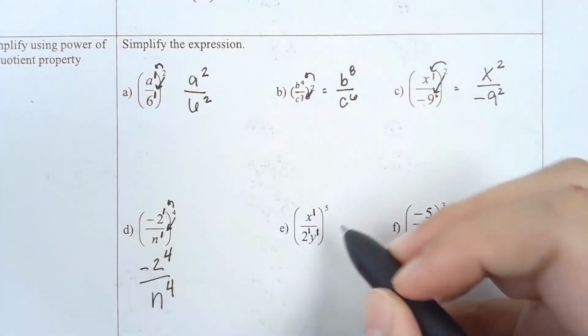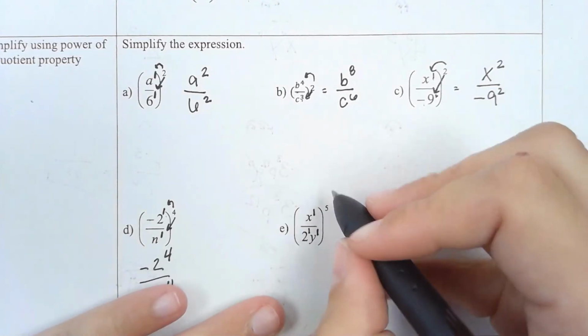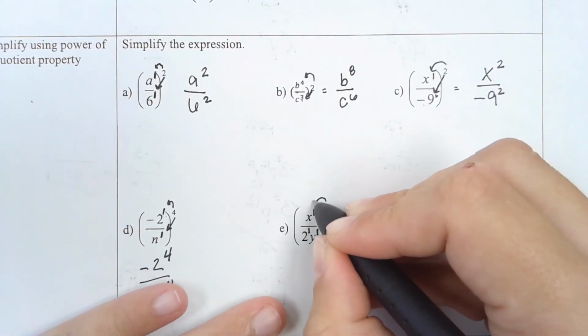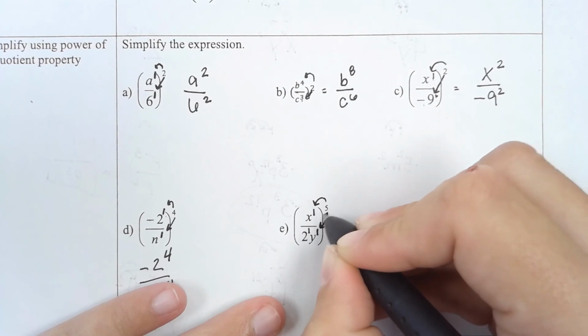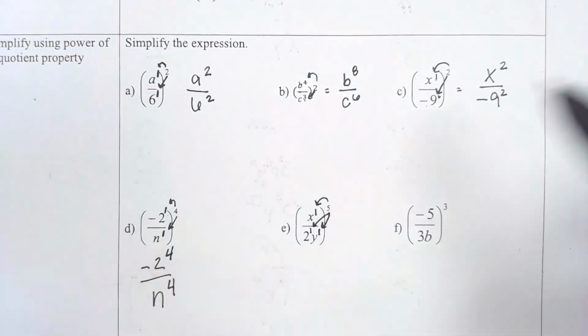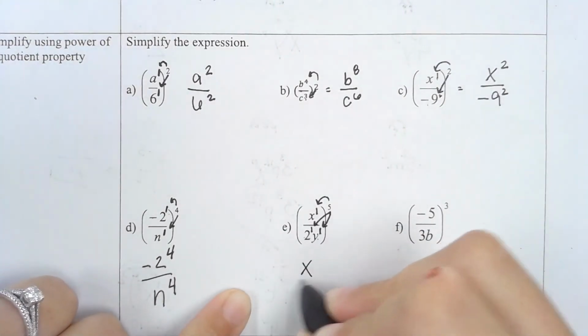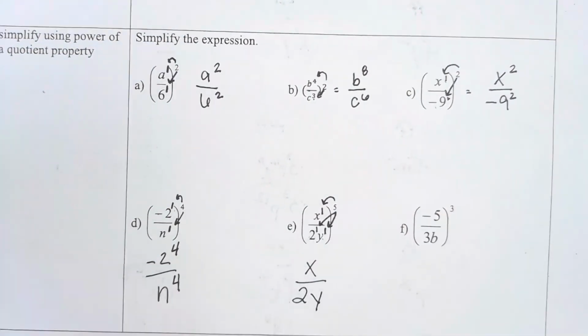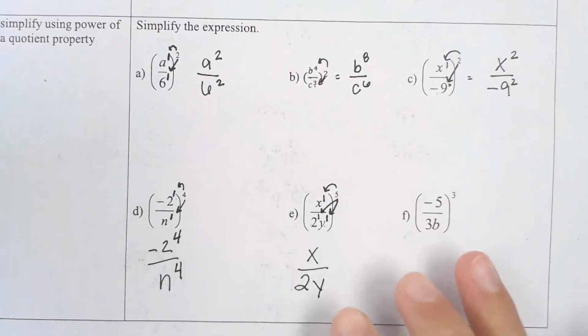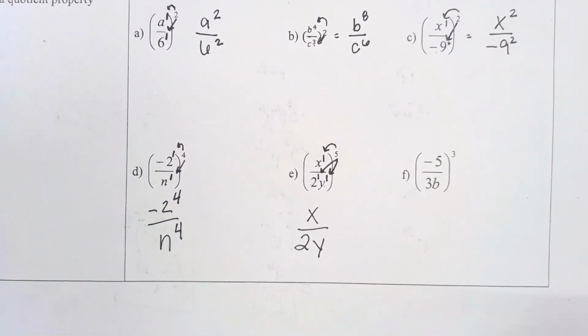Because then when you're taking it to the power of 5, remember, your power goes to all the other powers inside. So this time, we're not just taking it to 2 numbers, we're taking it to 3 numbers. So we're taking it to 3 bases, okay? So your x, 2, and y are going to stay in your answer. Okay, all of your bases and numbers are going to stay there. It's just your exponents that are changing.